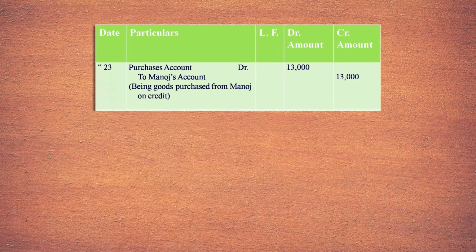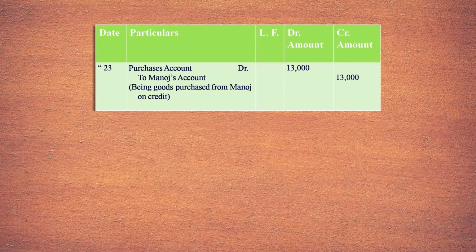Very simple: when we are buying the goods from Manoj on credit basis, it means we are not making the payment to Manoj right now. Therefore, the journal entry would be purchases account debit to Manoj, because two accounts are affected. The first one is the purchases account, a nominal account related to expenses.